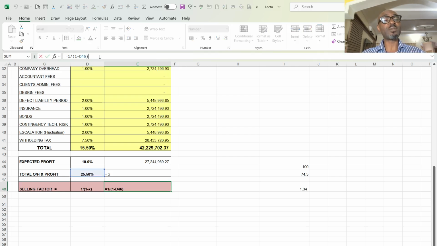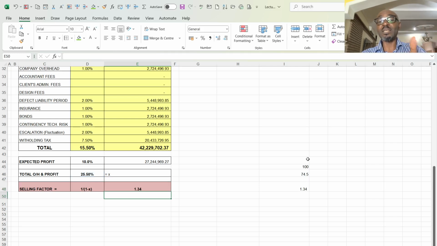So as you can see, what I did: 1 divided by 1 minus 25.5% gives you 1.3. So in simple terms, what I'm trying to say is 100%, which is the 1, minus 25.5% gives you 74.5%.